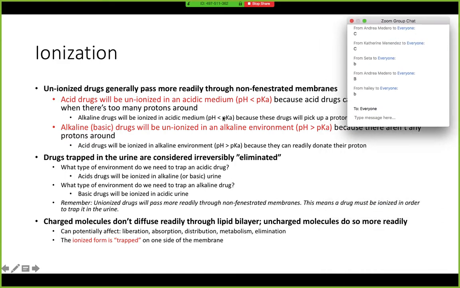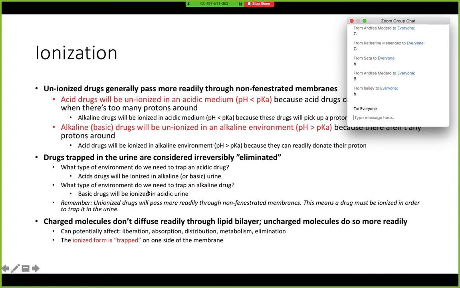Drugs that are trapped in the urine are considered irreversibly eliminated. So what type of environment do we need to trap acidic drugs? Acidic drugs are going to be ionized in an alkaline environment. Remember, the ionized form of the drug is the trap form.